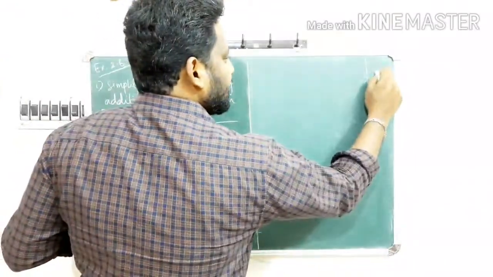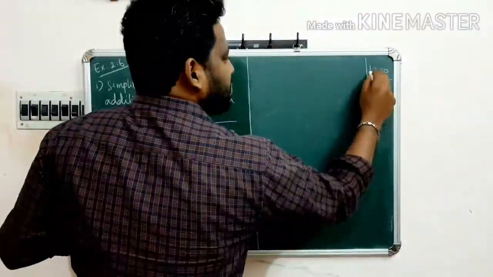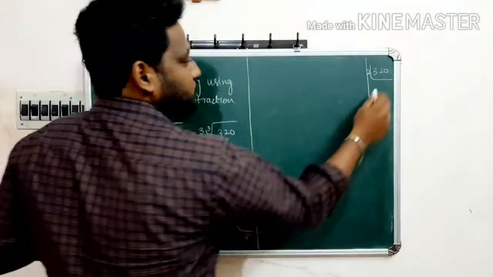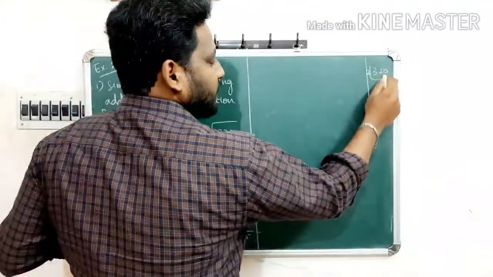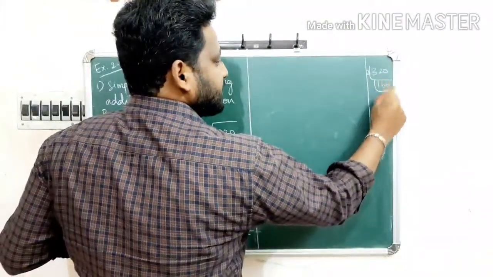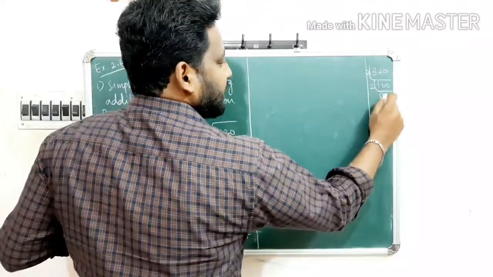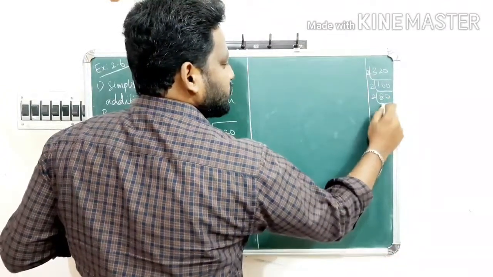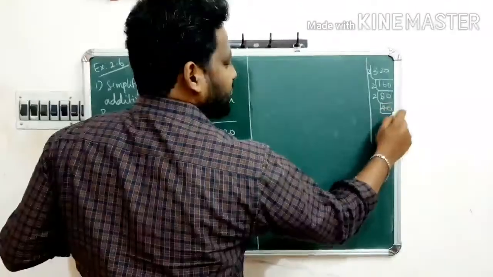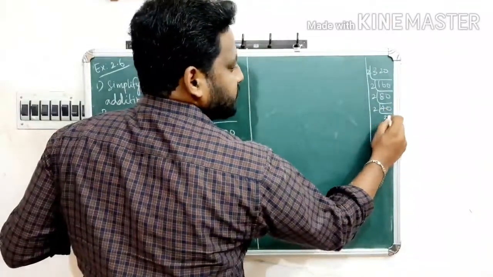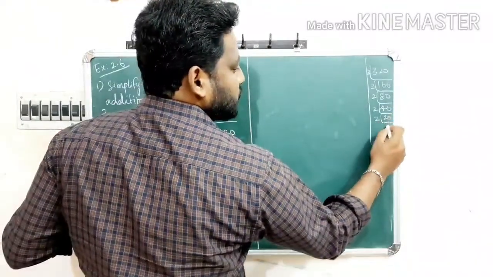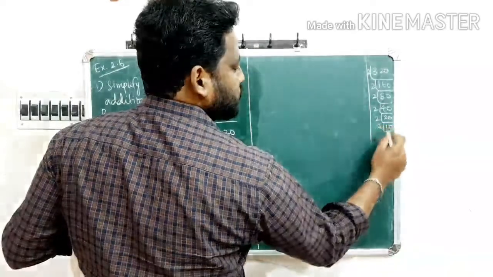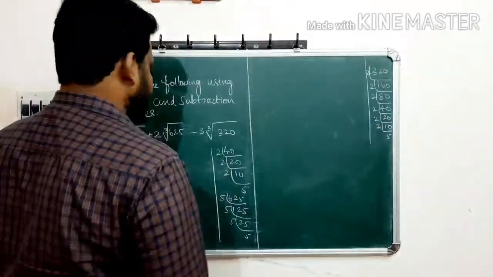And then last number, 320. First 2, 1 2s are 2, remaining 1, 12, 6 2s are 12, 160. Then again 2, 80. Then again 2, 4 2s are 8, 40. Then again 2, 20. Then again 2, 10. Then again 2, 5.